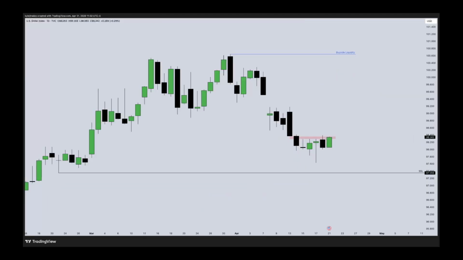This is our dollar index chart on the daily. You can see that we have these relatively equal lows right here on the dollar index chart, and we have this daily fair value gap. We have one right here and we have one right here, but this bottom one has been respected the past couple of days. So I wanted to see if the lower quadrant of it will continue to be respected going into today.